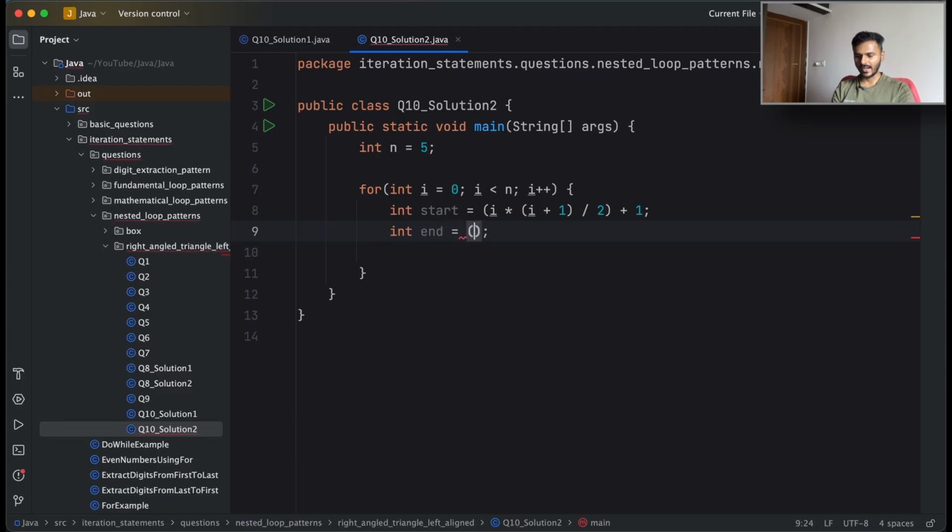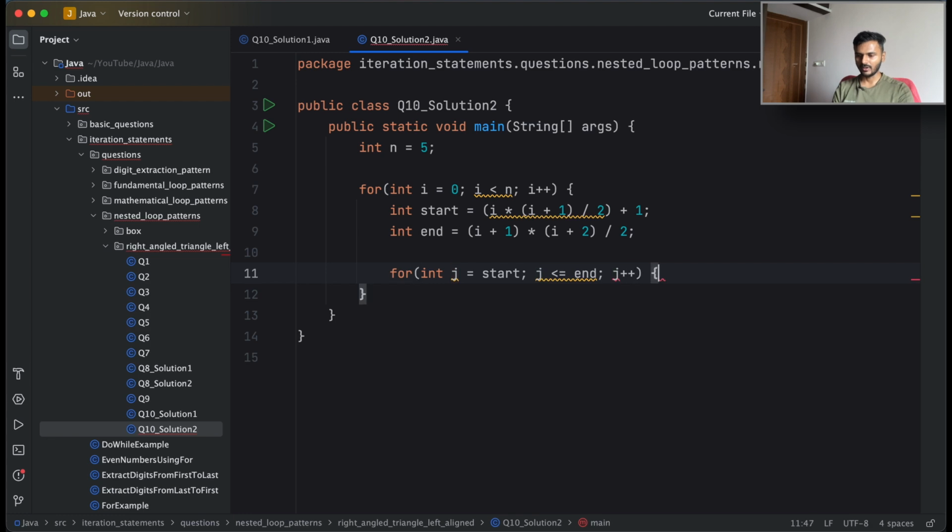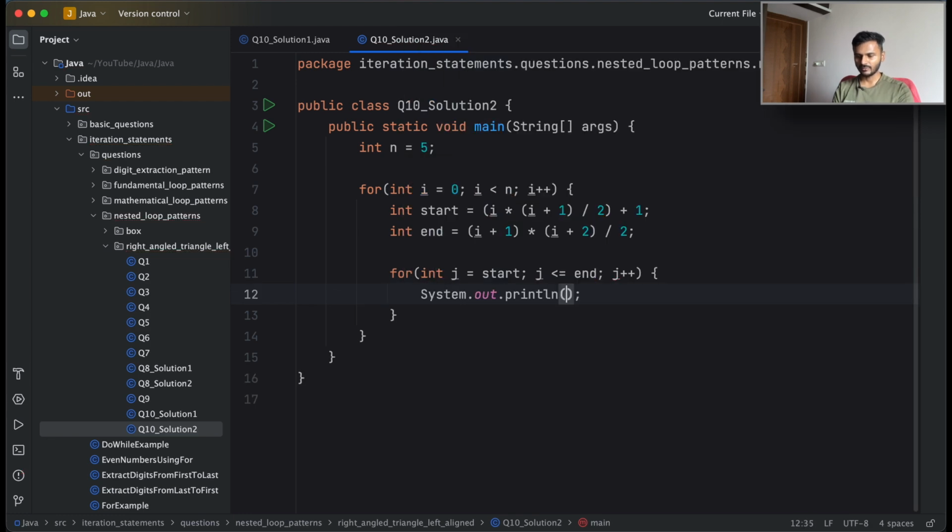And the formula for end was (i plus 1) multiplied with (i plus 2), whole divided by 2. So with start and end calculated, what we will have to do is start from start, go all the way up to end with an increment of 1, and then we'll have to print j with a space. And we'll leave an empty println statement over here.